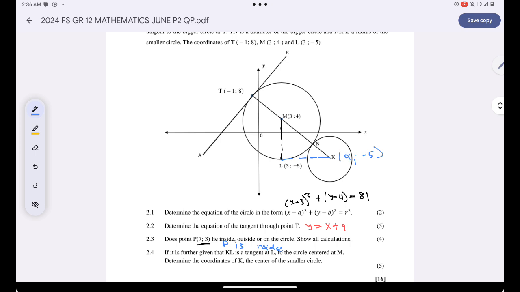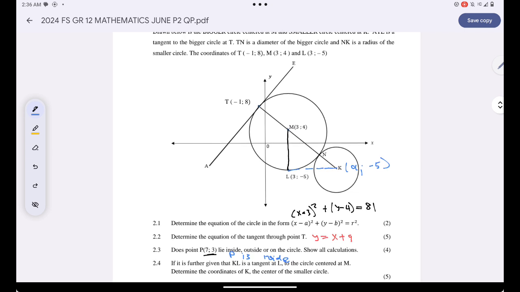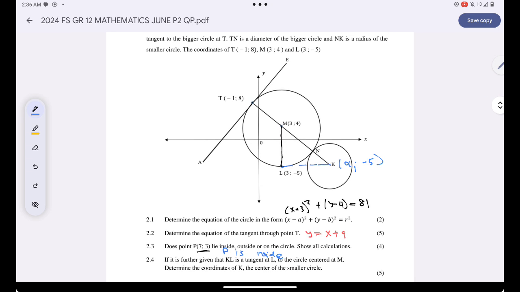The only thing we need to find is the value of a. Remember that T, M, N, and K are on the same line. Are we together? And we have the gradient of the radius TM.